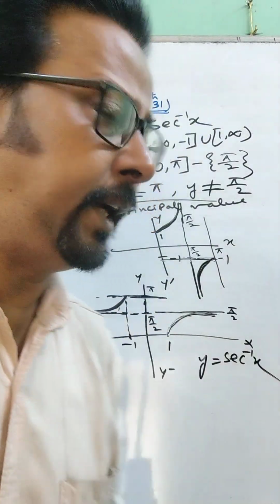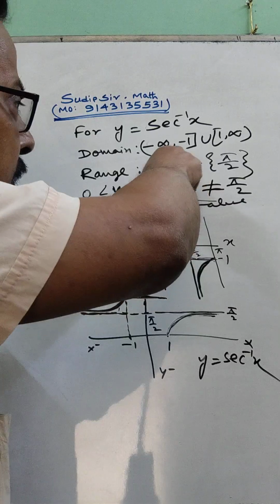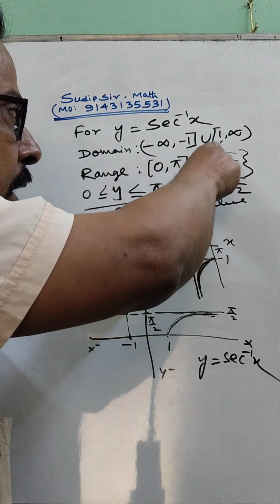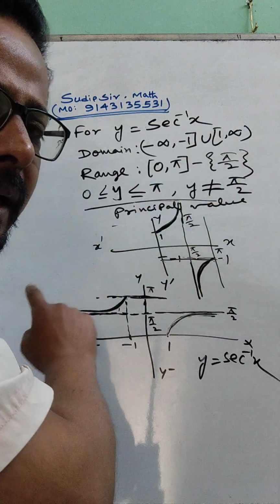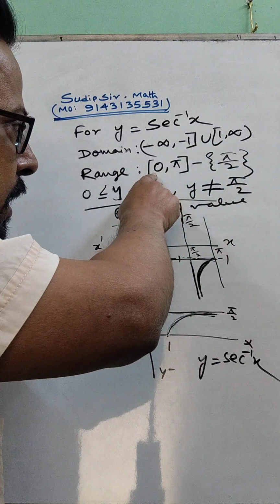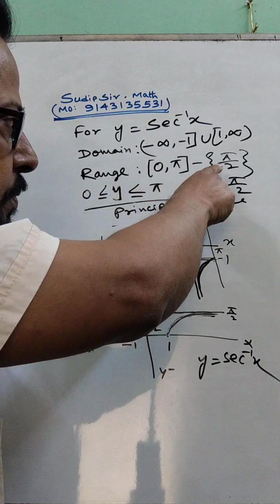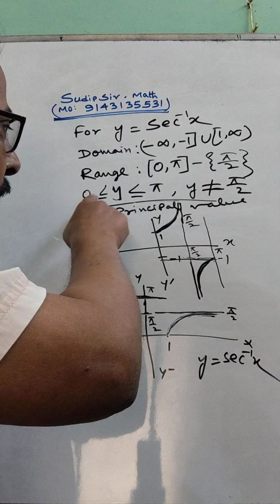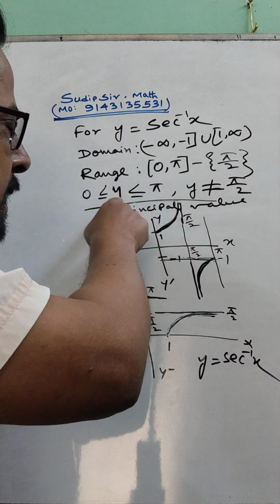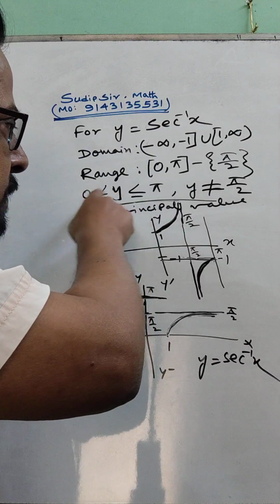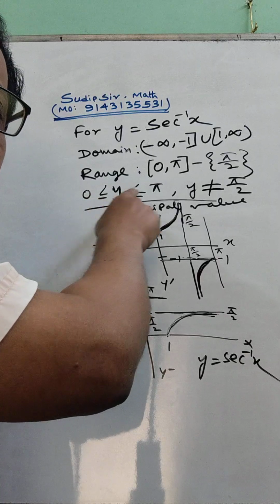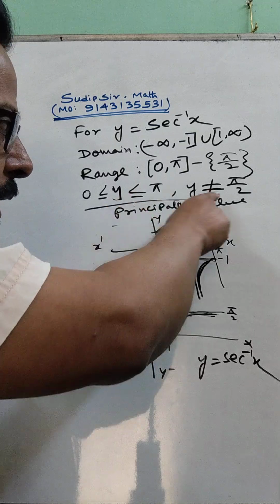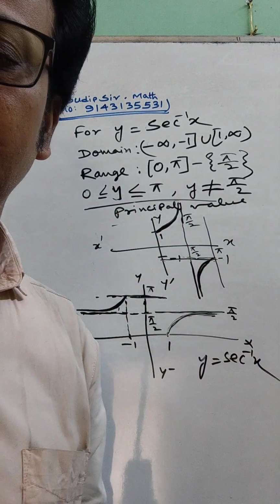For sec inverse x, it is clear: the domain is minus infinity to minus 1, union 1 to infinity. You have to remember this. The range is 0 to pi, y lies between 0 to pi, but does not include pi by 2.